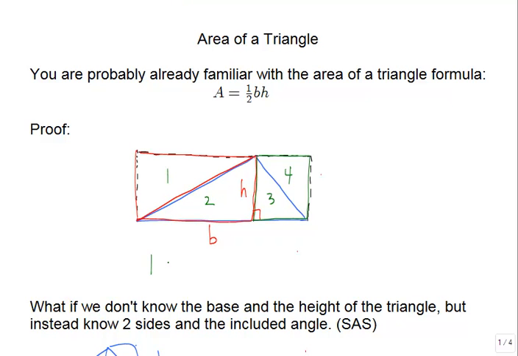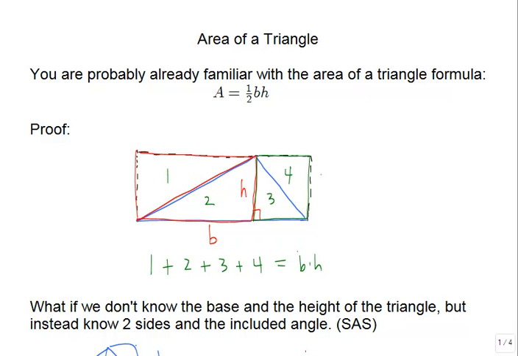Triangle 1 plus triangle 2 plus triangle 3 plus triangle 4 makes up the area of the entire shape here. And since it's a rectangle, we know that area of a rectangle is length, which we're calling B, times width, which is what we're calling this height H.